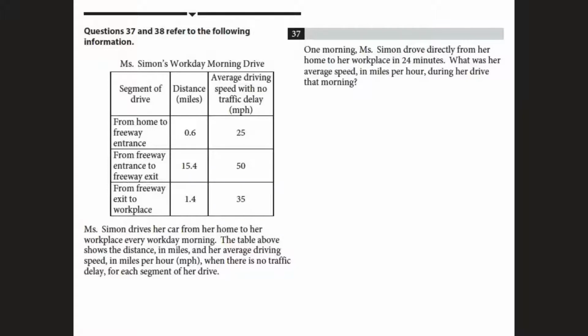All right, so we know how long it took her, so we just need to know what the distance was. We know the time, we need to know the distance, and we can find her average speed. Well, the distance is right here. There were three segments, right?